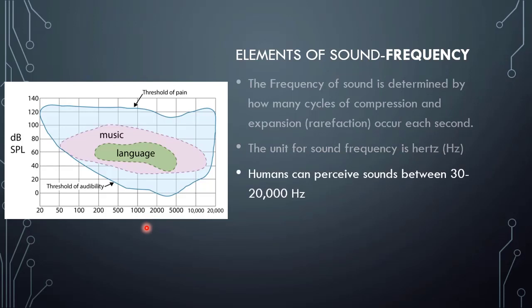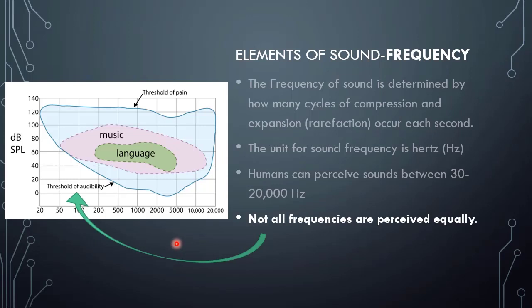We as humans can perceive things between about 20 hertz, so 20 cycles per second, all the way up to 20,000. That's just a standard bit of the range, but something you should notice is that we don't perceive all of these equally. The loudness we need to perceive something at 20 hertz or 20 kilohertz, 20,000 hertz, is very different. So there are drop-offs there.